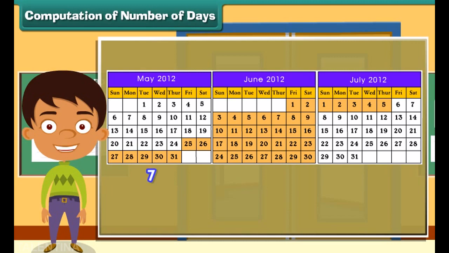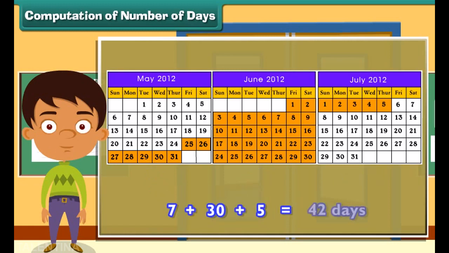So 7 days of May from 25th May to 31st May were included in the summer vacation. All the 30 days of June were included in the summer vacation. 5 days of July from 1st to 5th were also included in the summer vacation. Now add 7, 30 and 5 to get the total number of days in the summer vacation as 42 days.